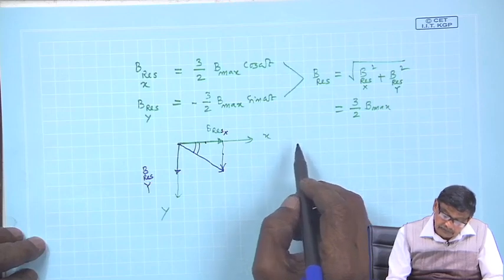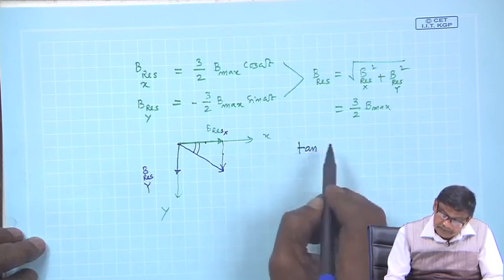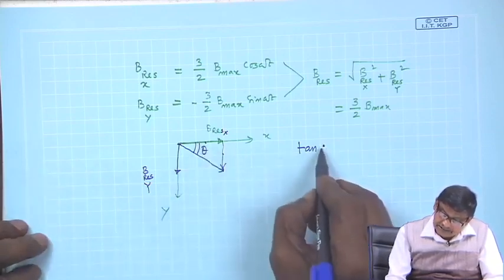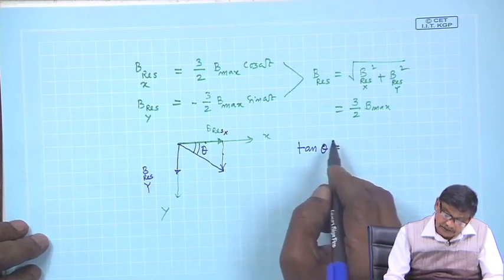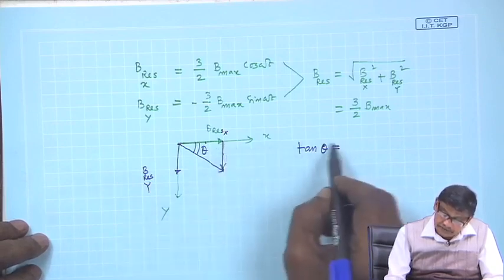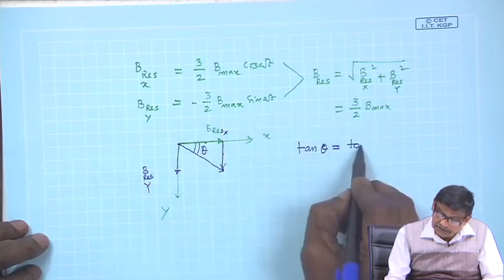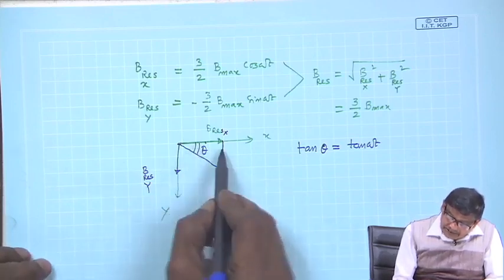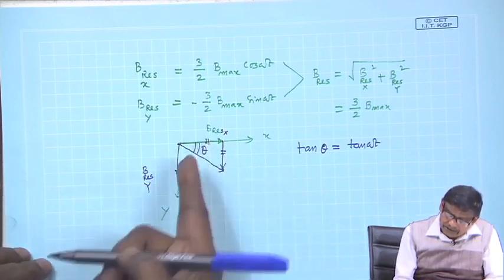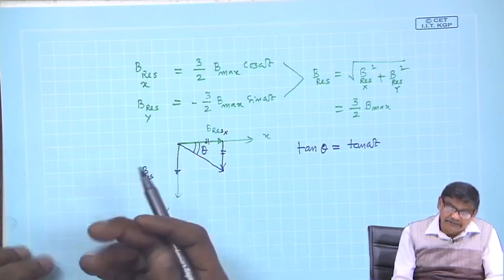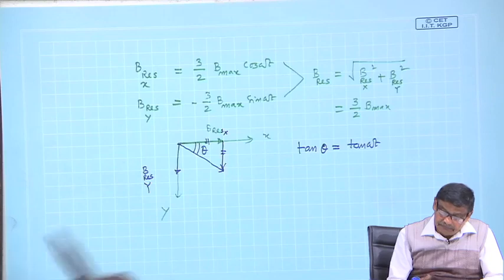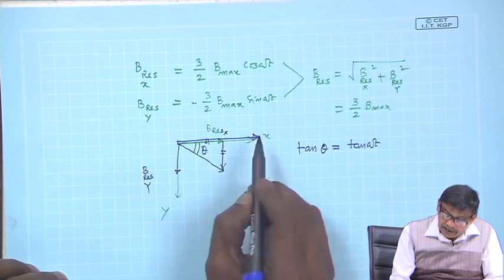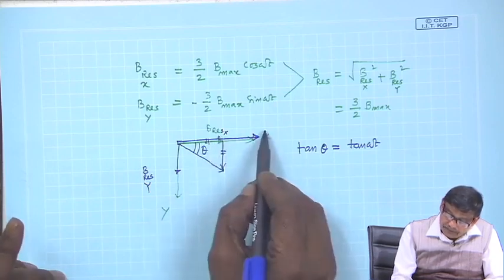So, this theta, if I call this theta, tan theta is nothing but this magnitude, that is tan omega t. So, this angle is omega t. Therefore, we see as any arbitrary time is gone, then the resultant field at omega t is of amplitude 3 by 2 B max.